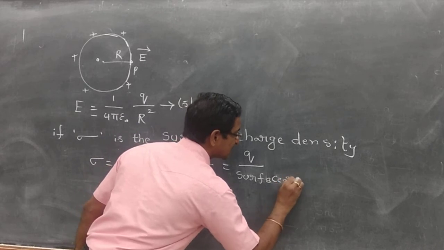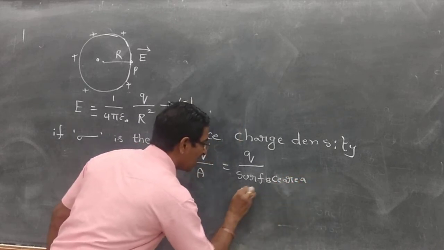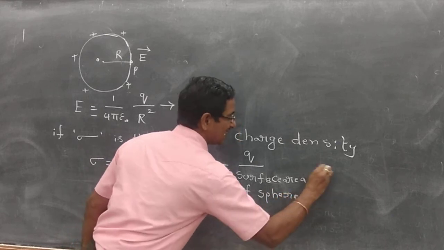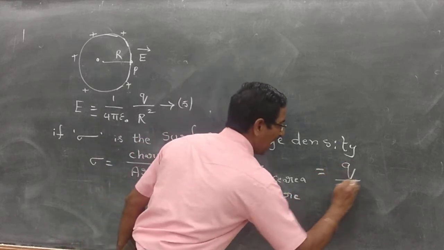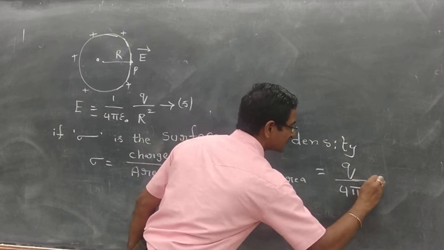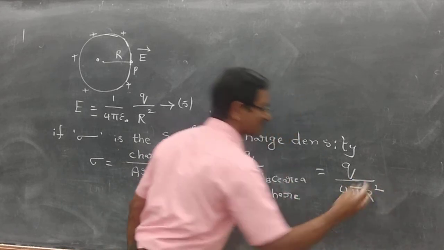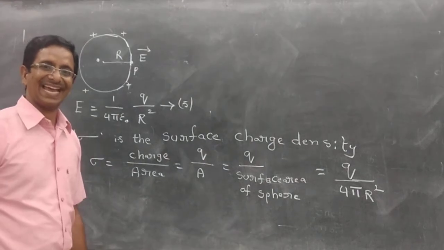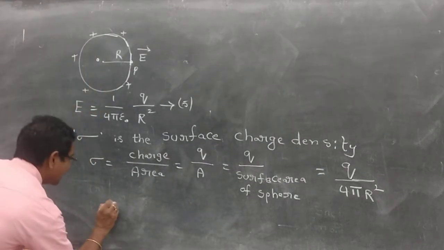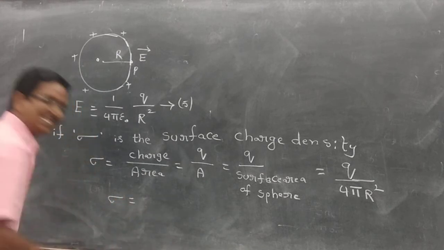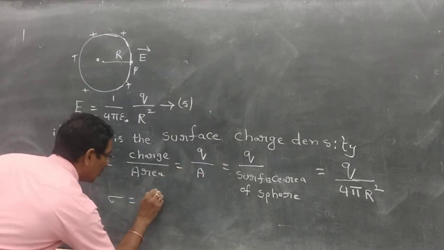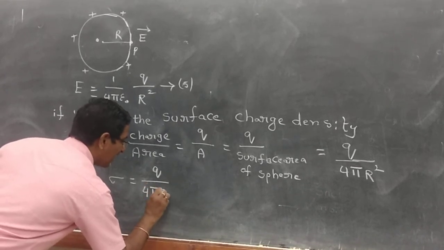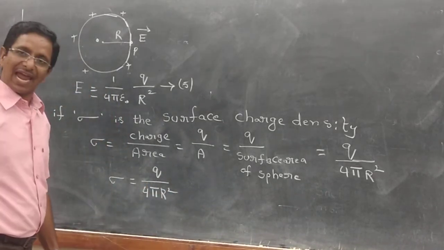Surface area of sphere is 4 pi R square. Therefore, sigma is equal to Q by 4 pi R square. Okay?